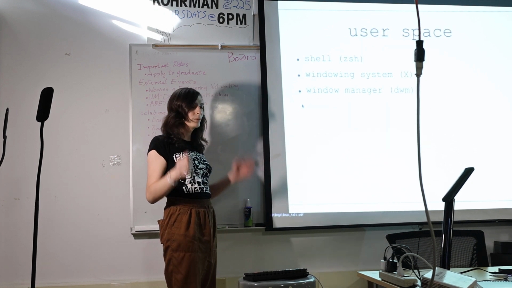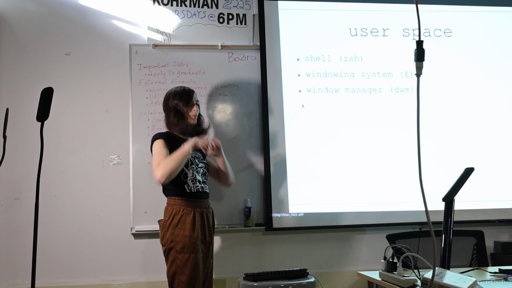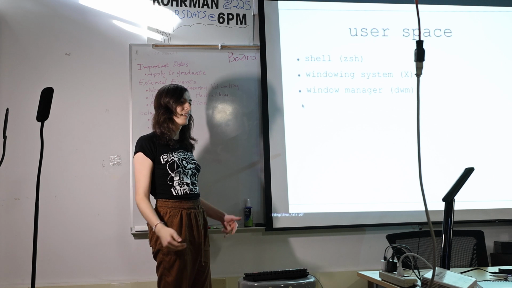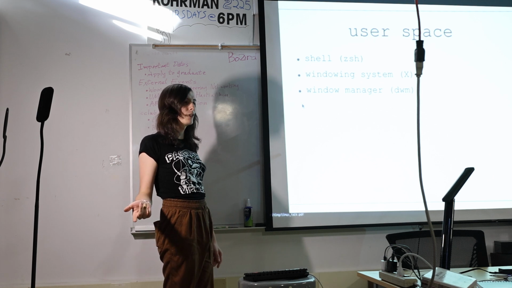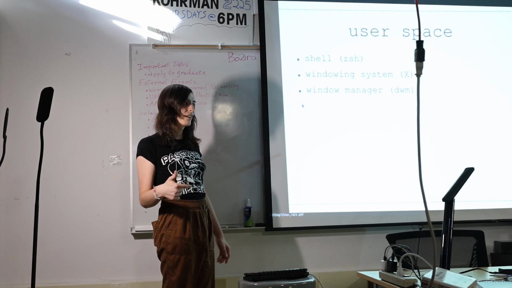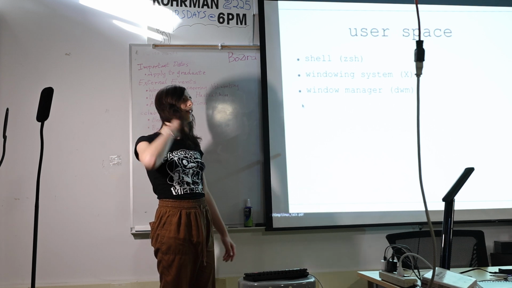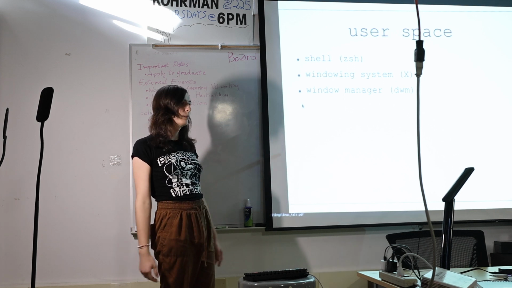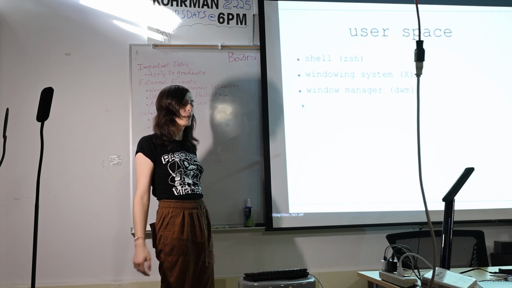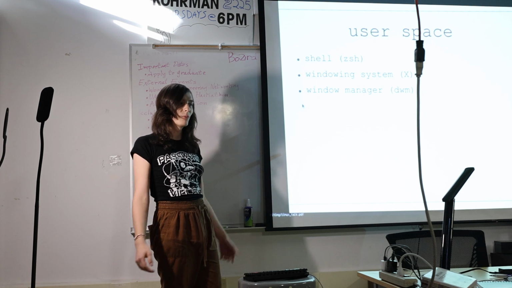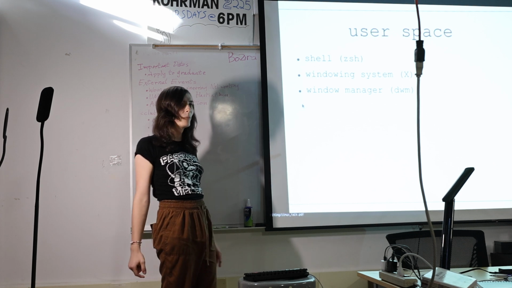After that, you're ready to start hacking away on your system in user space. Technically, the init system is also in user space, but I put it in the other slide because you need that preemptively anyway. First there's your shell, which interprets your commands when you type them. You need that because it's pretty hard to do stuff without a shell.